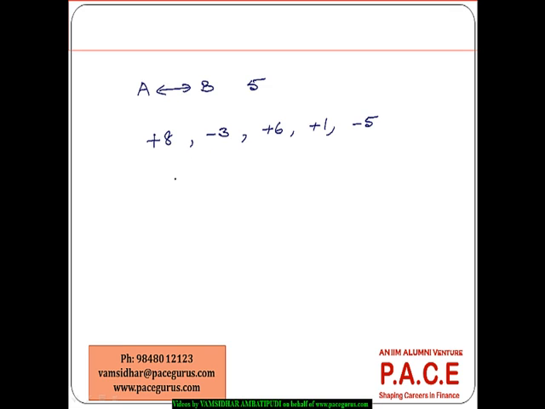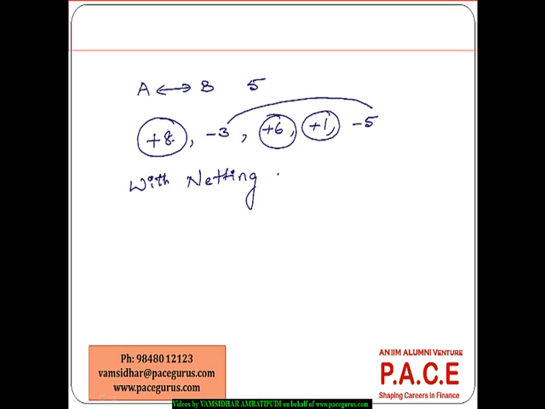Now, with netting, what is the exposure? 8 plus 6 is 14, plus 1 is 15, minus 8. So the exposure is plus 7 if netting is implemented.